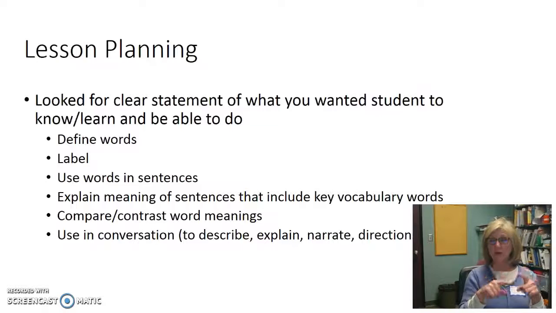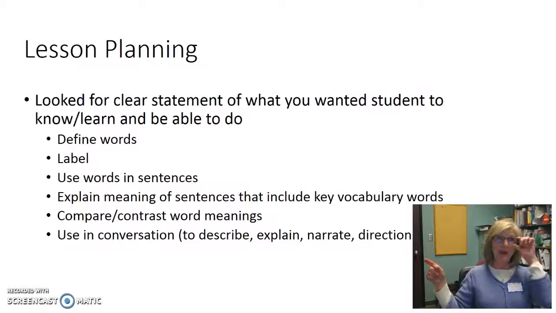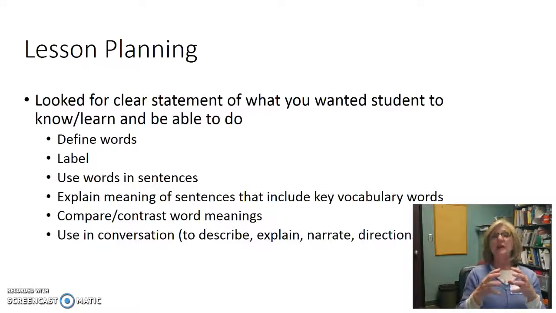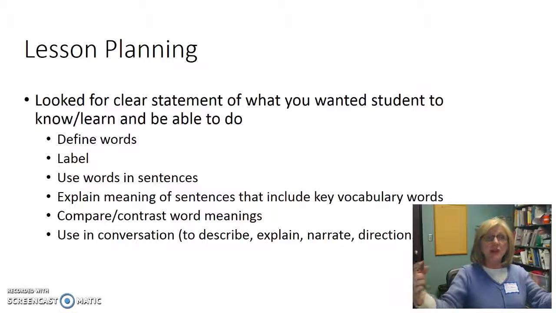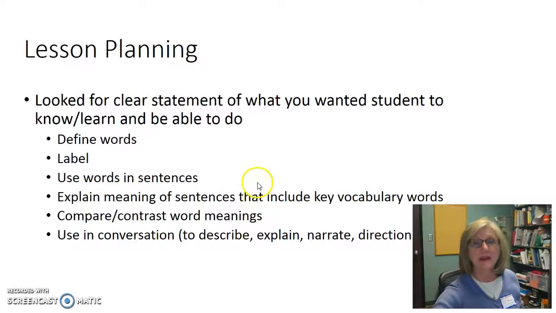If you remember at the beginning of the language class, we talked about the functions of language, and those were some of them. So when you plan, you need to be able to see where you're going and what you want the student to do. And then you measure what the student did against what you wanted them to do. And that's part of the planning process. I looked at that.